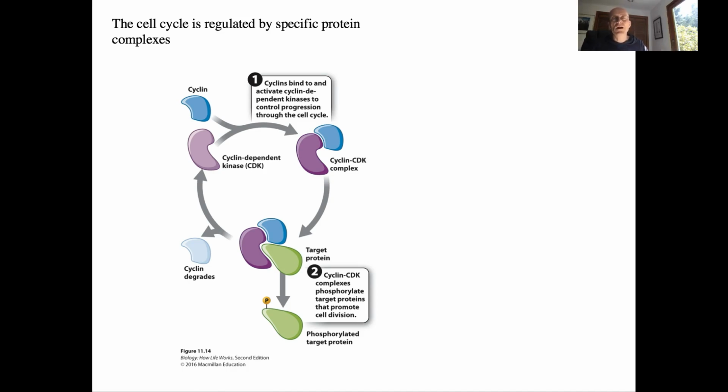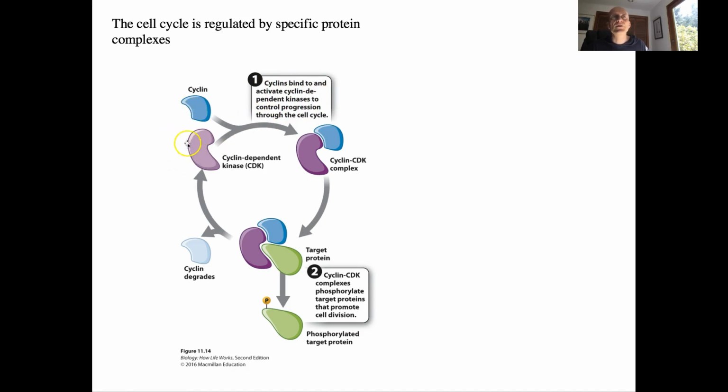And whether or not the cell is moving through these steps is determined by a set of proteins called cyclins and cyclin-dependent kinases.